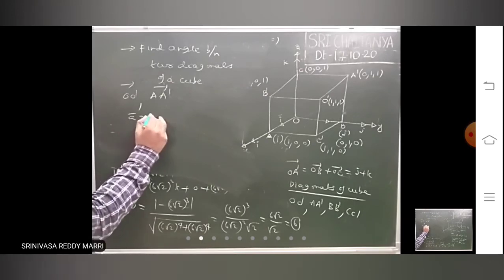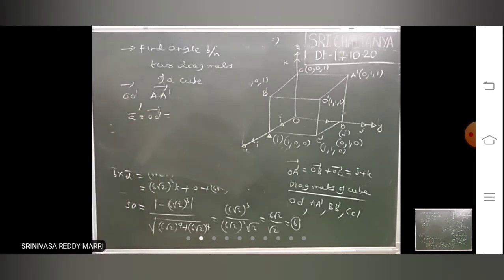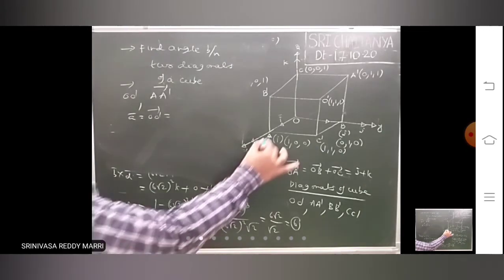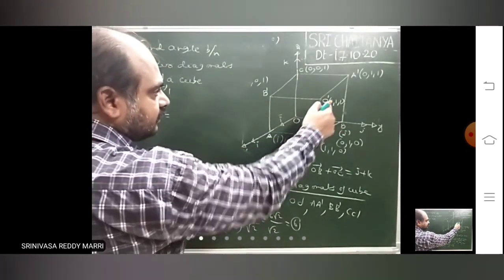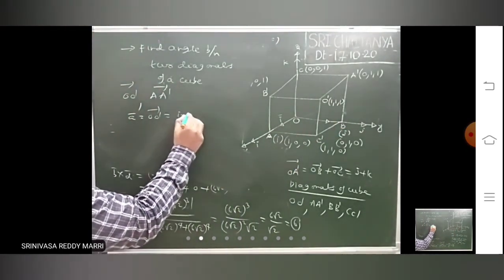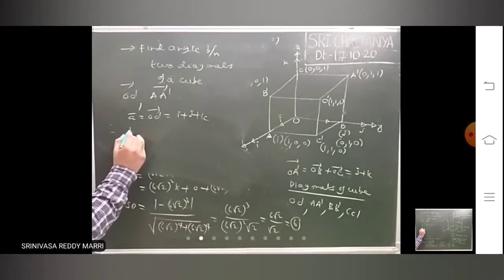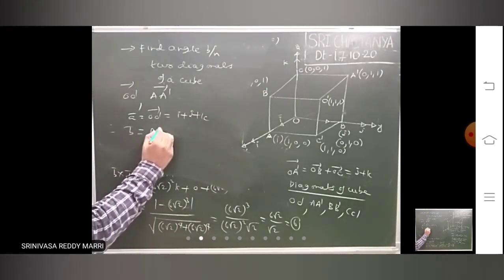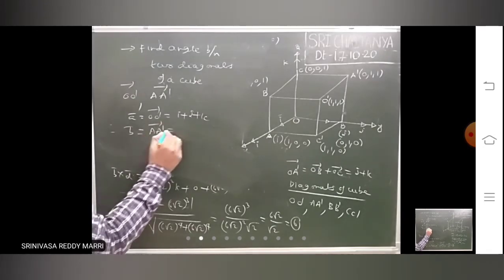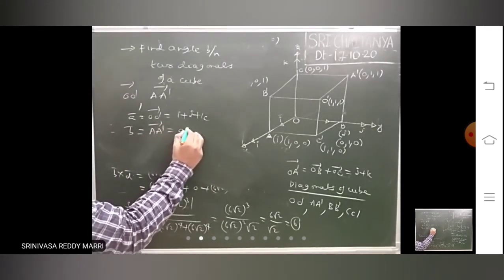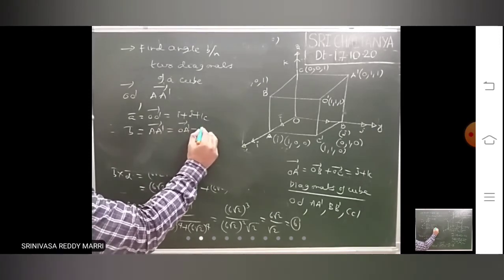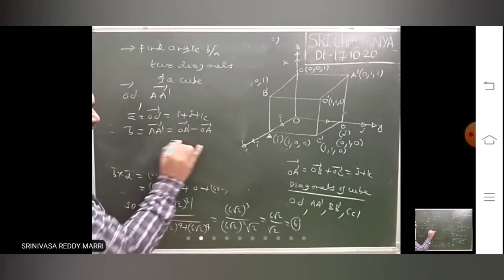So A bar, angle between O dash bar. O dash bar means, so I plus J plus K. So B bar means, let us say A dash bar. That means position vector of A dash, you know, OA dash bar minus OA bar.